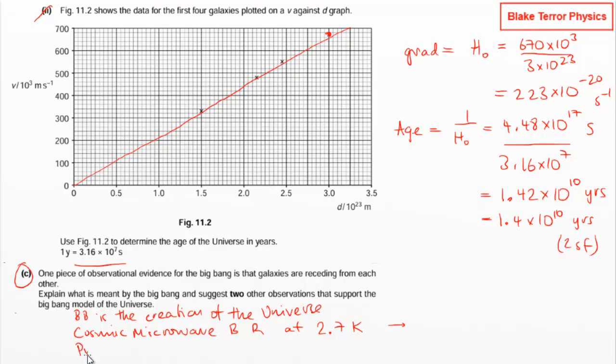And then we could say primordial amounts, that's what I'm looking for, of helium and lithium. Those are observations that have been made of how much helium and lithium are around. Again, this supports the Big Bang model of the universe.